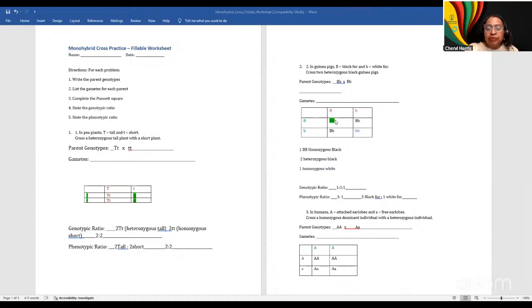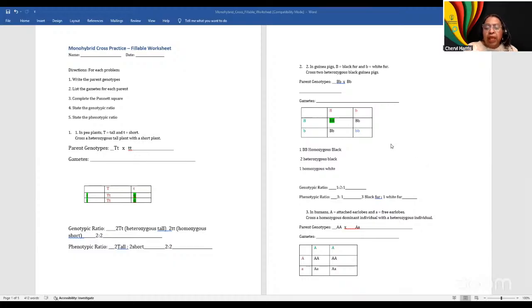So big B and big B goes in that box. Little b, did I not do that correctly? Hold on. Yes, I did that right. This is a capital B over here, small b over here, that goes in that box. There's a capital B there, small b there, that goes in this box. Small b goes in that box.